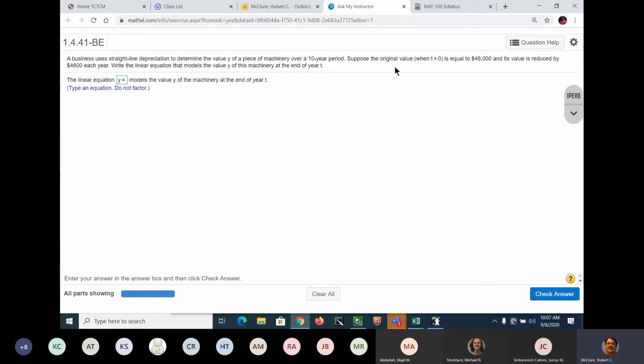Suppose the original value when t is equal to 0 is 46,000. That means that the y-intercept is 46,000. And its value is reduced by 4,600 each year. Write the linear equation that models the value of the machinery within a period t.